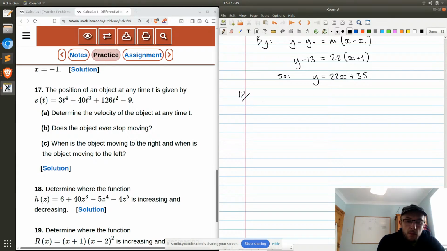The derivative of this displacement function with respect to t will be the velocity function. So you just find the derivative. So it's 12t cubed minus 120t squared plus 252t, and that's it.